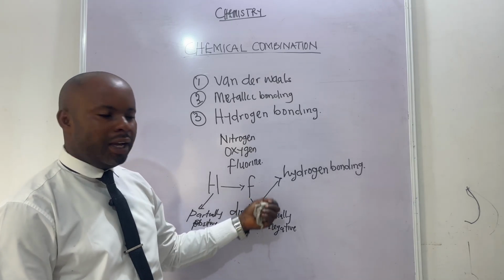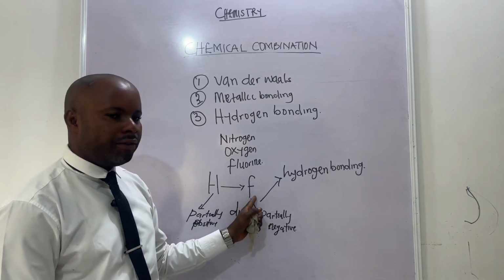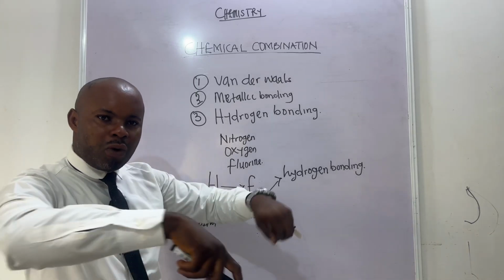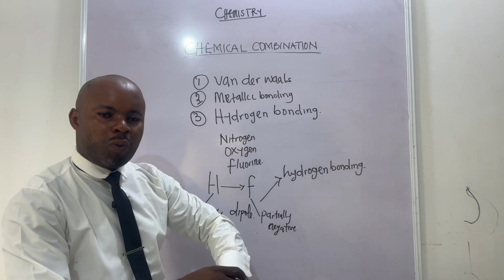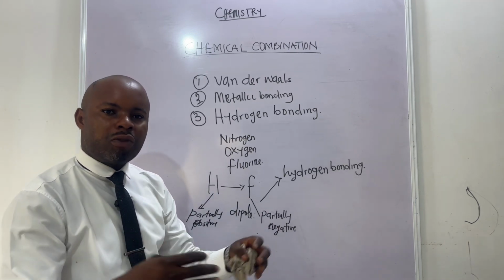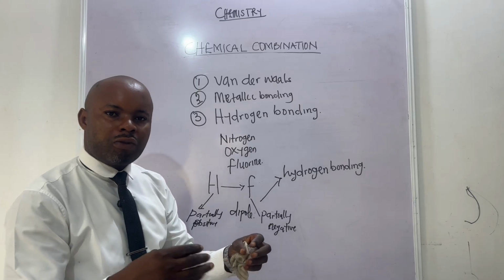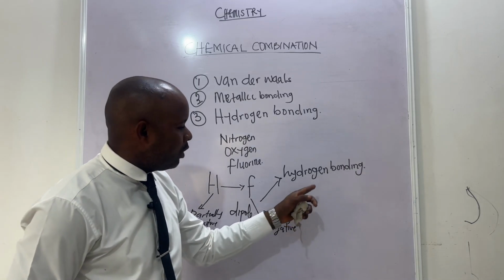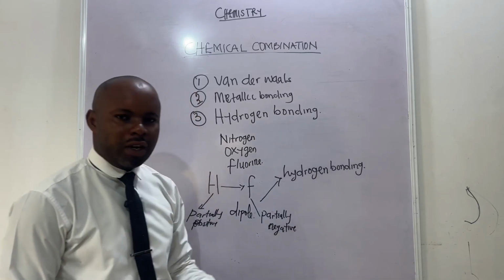By so doing, the more electronegative atom becomes partially negative, and a dipole is formed. When the opposite dipoles come together, there is a force of attraction between them. This intermolecular force of attraction is known as hydrogen bonding.